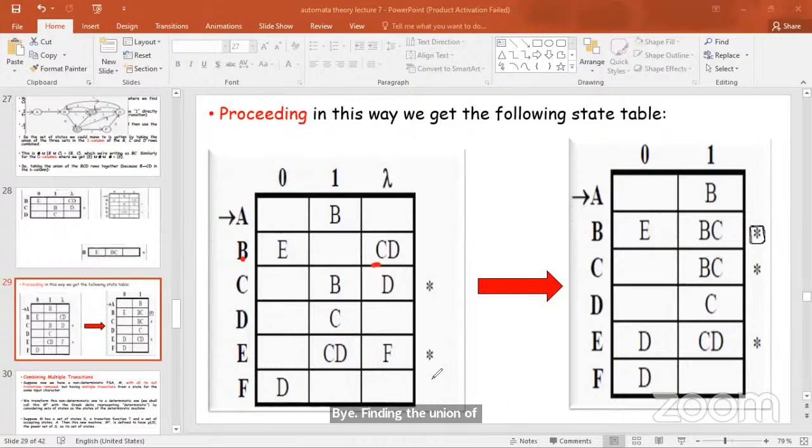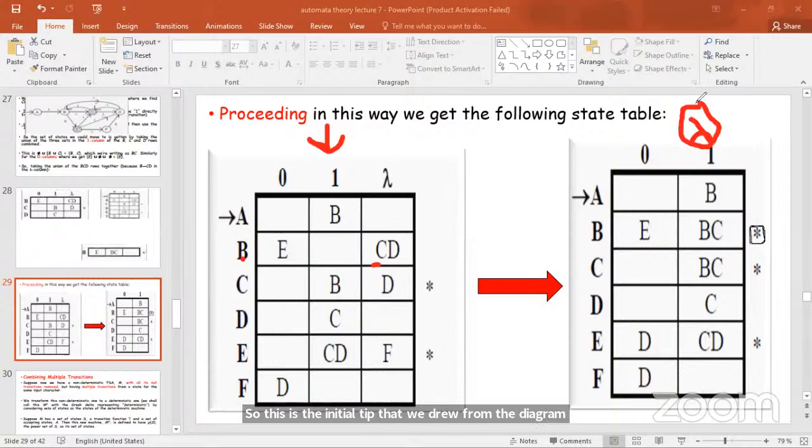Finding the union of EF, we find DCF, just as I've explained before. So this is how to remove the null. I just showed you the working of how to get rid of the null. This is the initial table that we drew from the diagram, and this is the new table without the null. So this is one of the processes of removing the null, right?